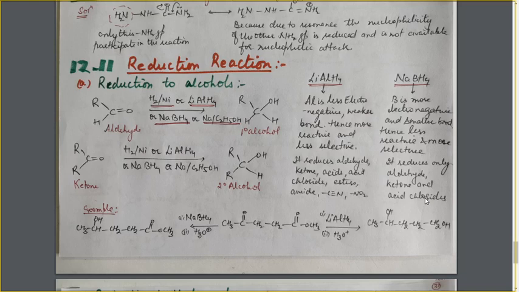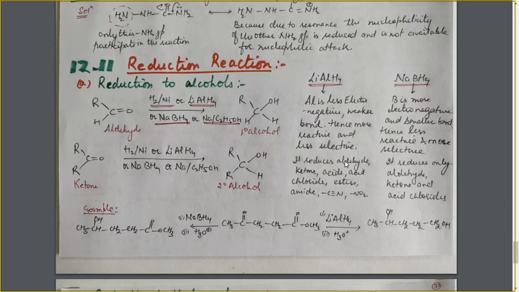Because in some cases the major reactant which is participating in the reaction does not have a single functional group, it has multiple different functional groups. It is a polyfunctional compound. If we use a strong reagent, it will not affect a single functional group, it will affect all the functional groups.